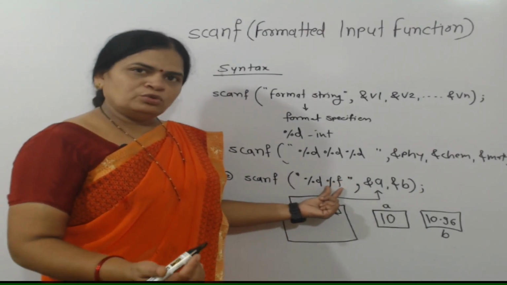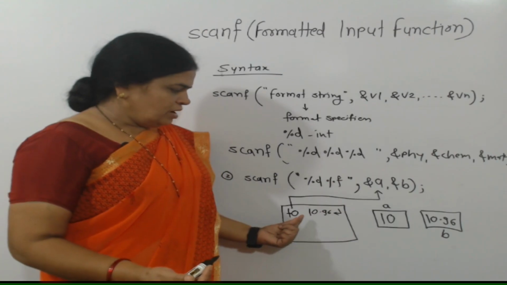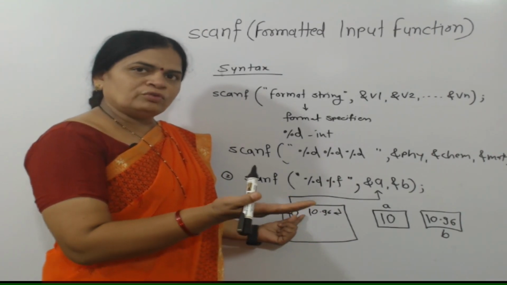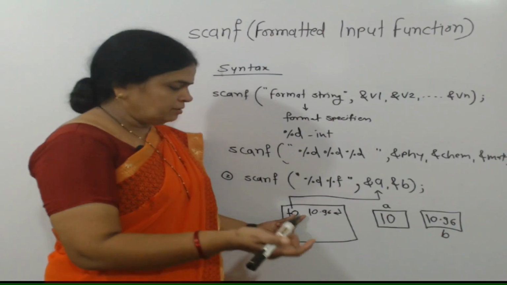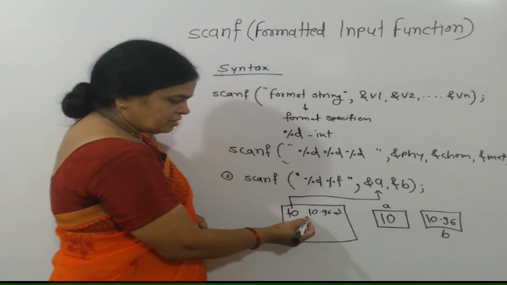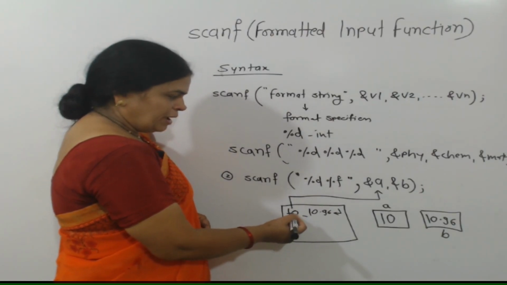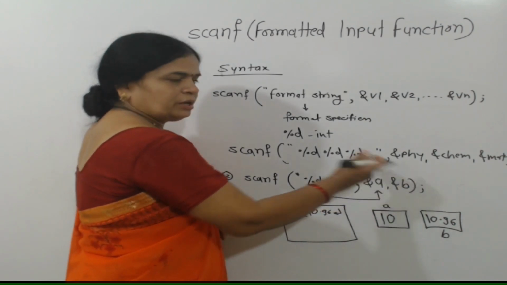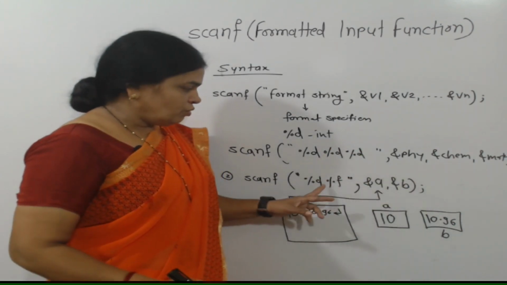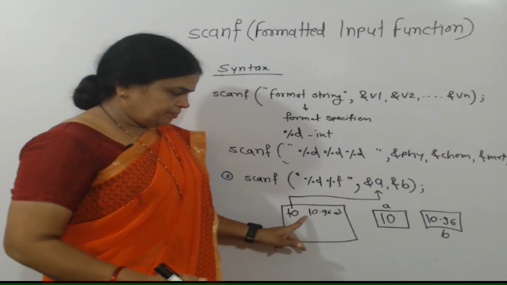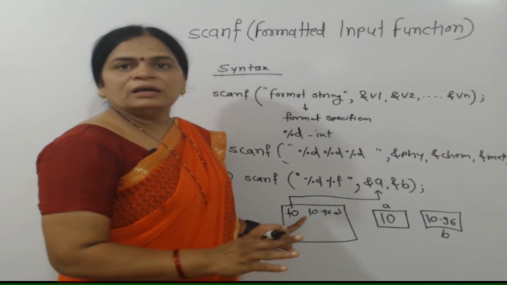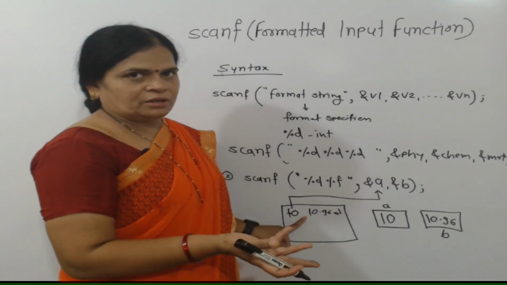So that means the user has to input the first value, and to separate the second value the user has to give a space or the enter button. As soon as the user gives a space, the first value goes into the first variable, and the value after the space goes into the second variable. So the user has to use either space or press the enter button to separate the values.